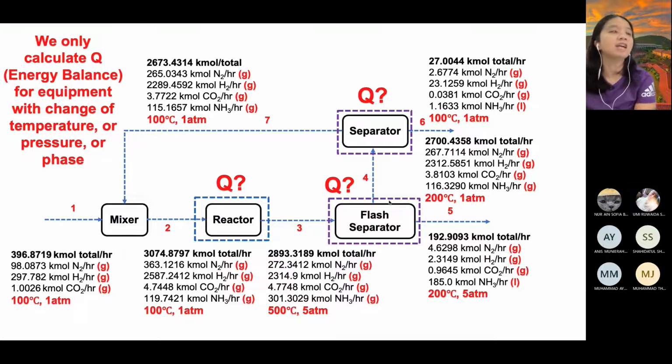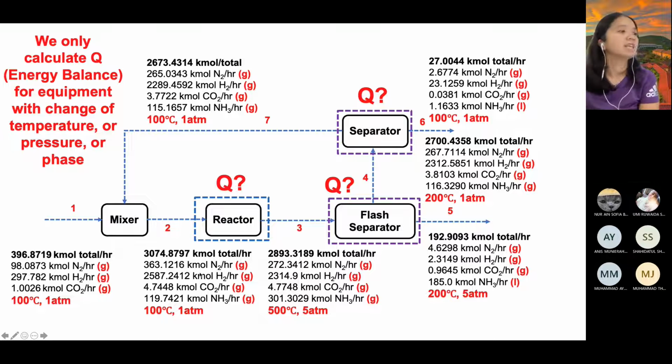Okay, any equipment di mana in dengan out dia, again for any of the equipment of which the in and the out has changes in temperature or pressure or phase. Salah satu, kalau ada perubahan, sama ada salah satu atau kedua-dua atau ketiga-tiganya. Okay, there are changes in any of these conditions, you will have to do energy balance for the equipment.